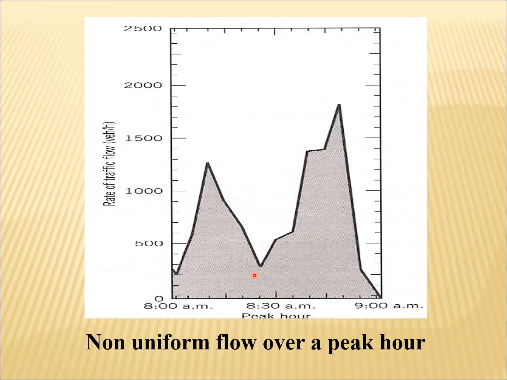And look at this one. Along the vertical axis we have the rate of traffic flow in vehicles per hour, and here the time, and we have considered a 1 hour period over here, that is the peak hour. During the peak hour we have this pattern of flow, and you can see that non-uniform flow is there over this peak hour.